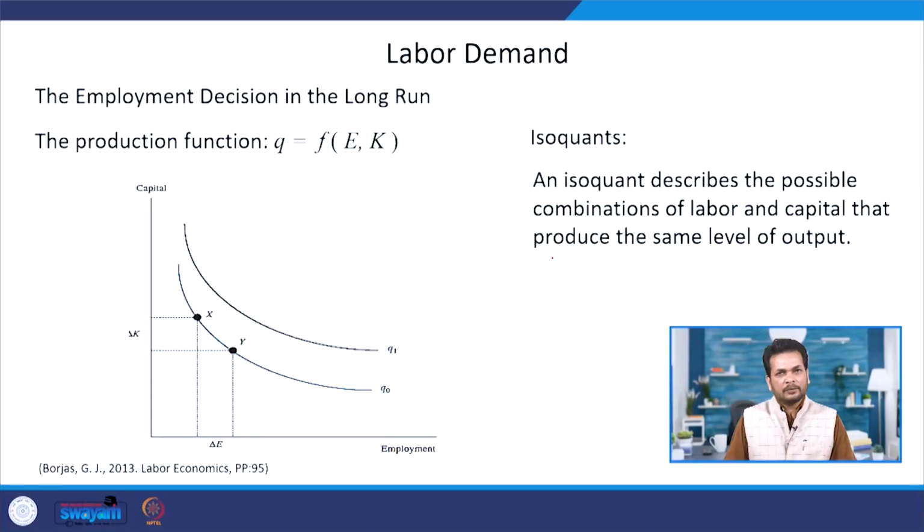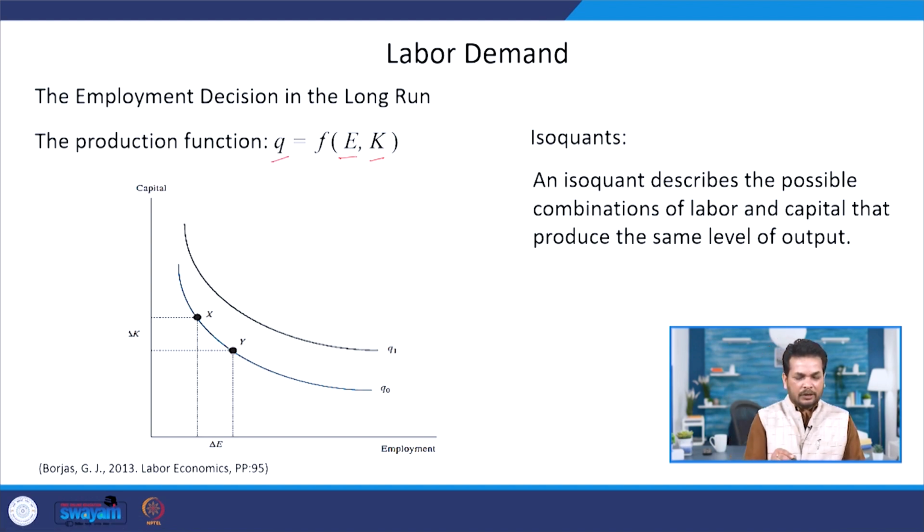Now, in this lecture, we will discuss the long run demand curve. So, how the firm makes employment decisions in the long run. Here, we have taken a production function where output is a function of both labor and capital, and since it is the long run, all the inputs are variable.